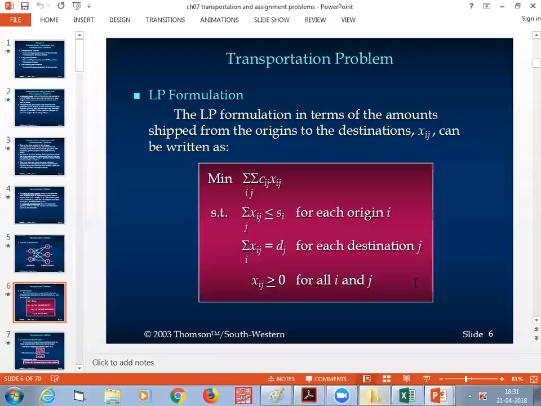No. And so therefore, less than or equal to here, equal to that. Okay, now, one special case is when total supply equals total demand. If total supply equals total demand, we call that a balanced transportation problem. And it's very nice because then these supply constraints also become equal to constraints. And it becomes a nice thing to do.